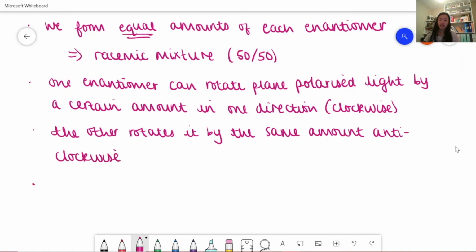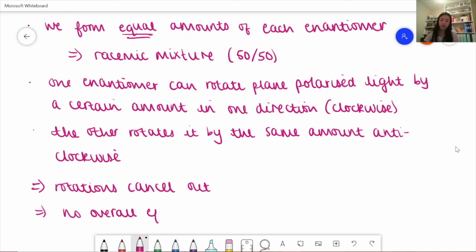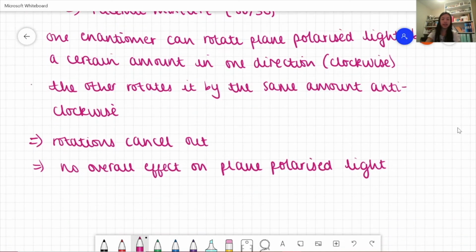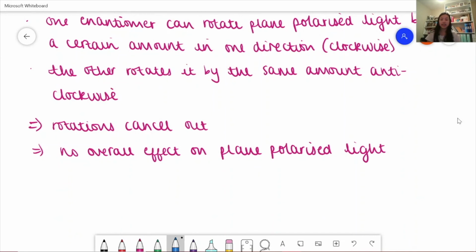And so what we have is that the rotations cancel out. And so we have no overall effect on plane polarized light. And what we call this is we say that there is no optical activity.